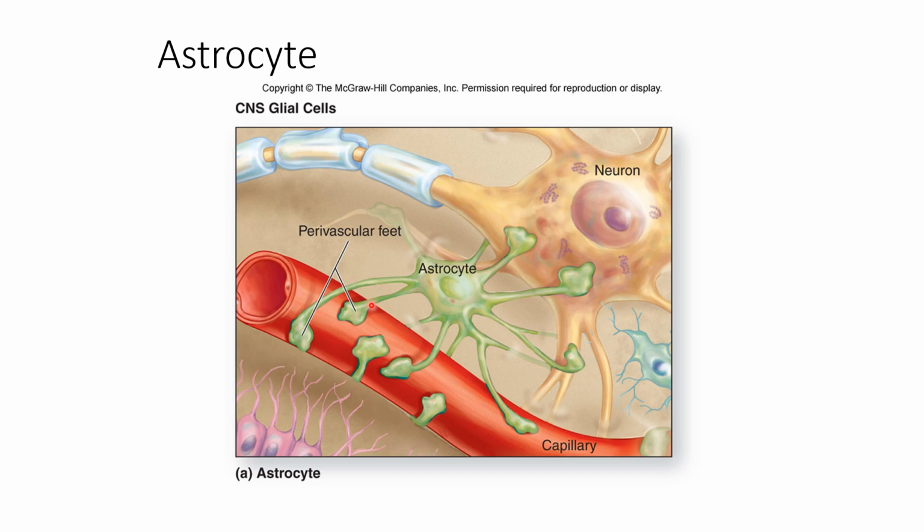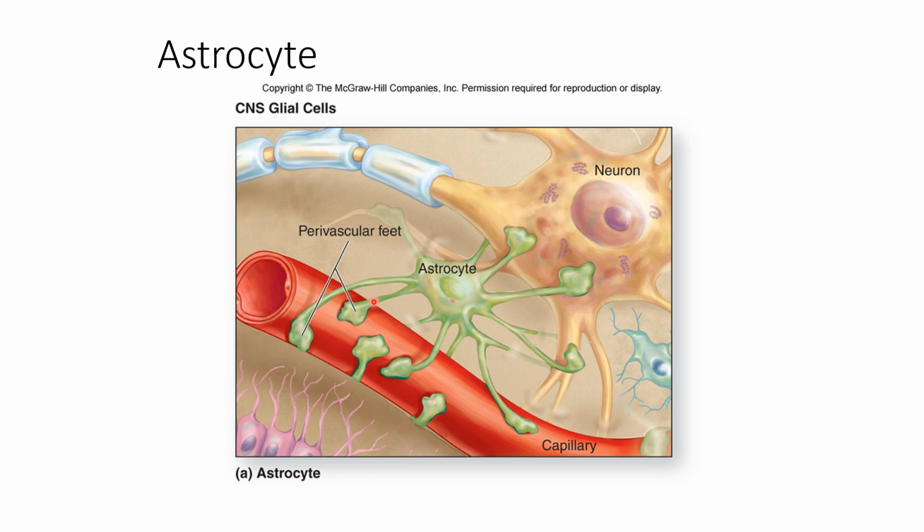Astrocytes also help create what's known as the blood-brain barrier. When astrocytes cling on to those capillaries, they can cover them up and create a barrier.